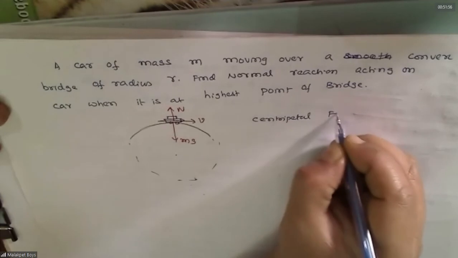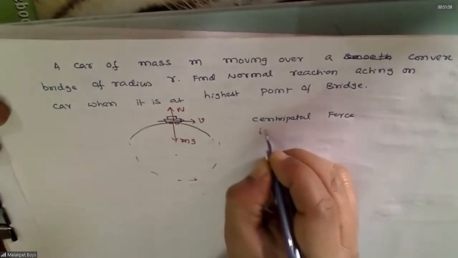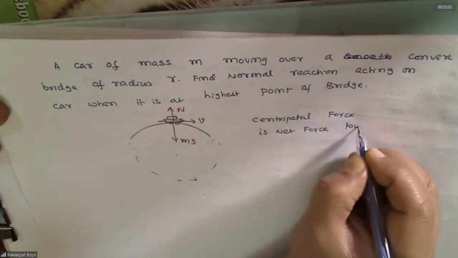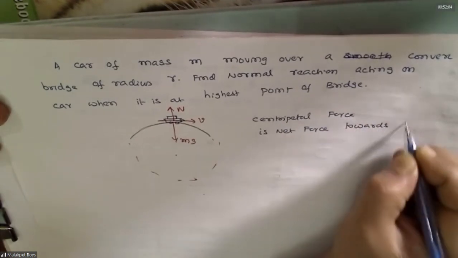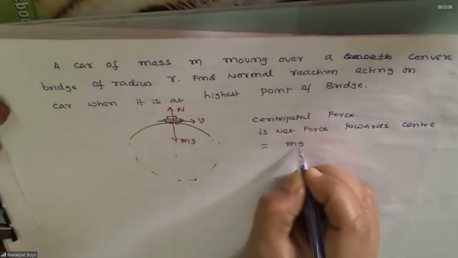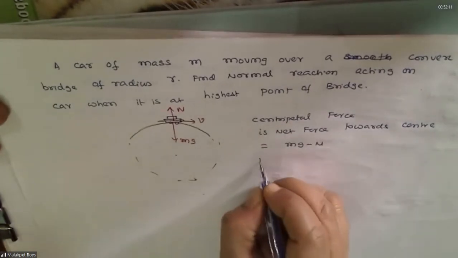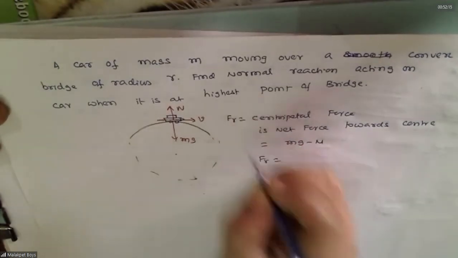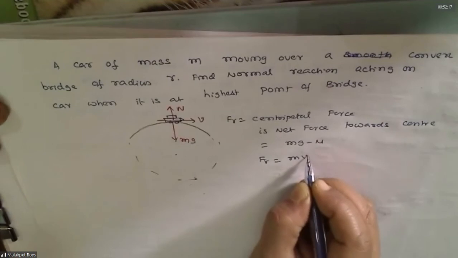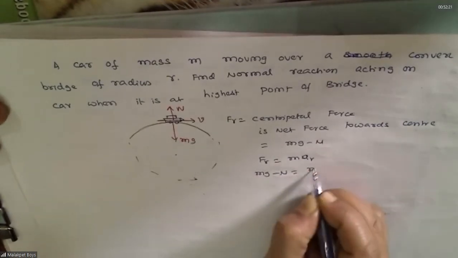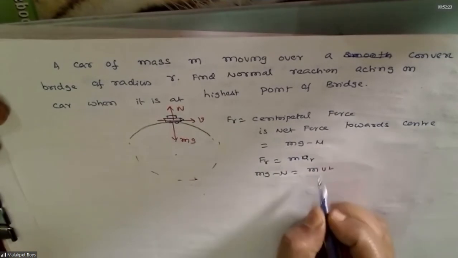And the centripetal force is nothing but the force towards the center, mg minus N. The force toward the center is opposite to the normal.